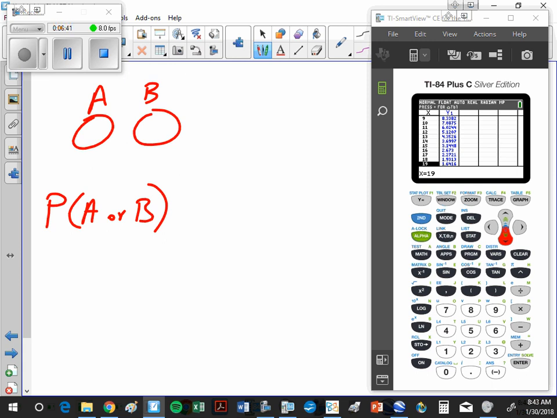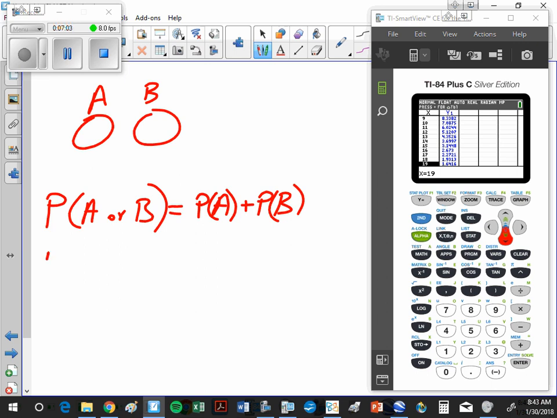We just add the A's to the B's. So it's just the probability of A plus the probability of B. Does that make sense?